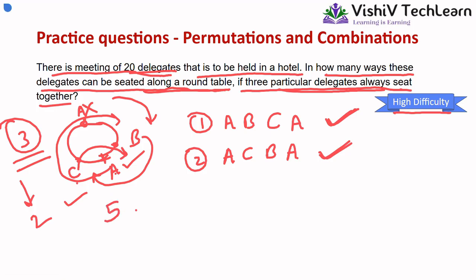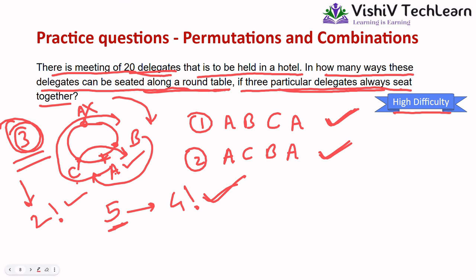If 5 delegates are there, we have only 4 possibilities, and so on. We can generalize this: if 3 delegates are there, 2 factorial will be the possibilities; if 5 delegates are there, 4 factorial. Now in our case we have 20.